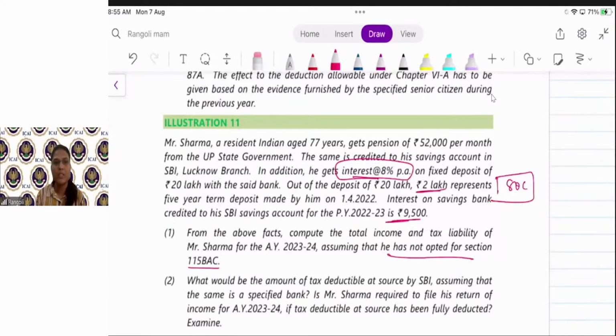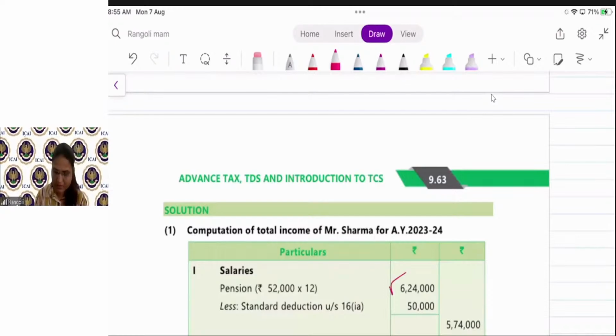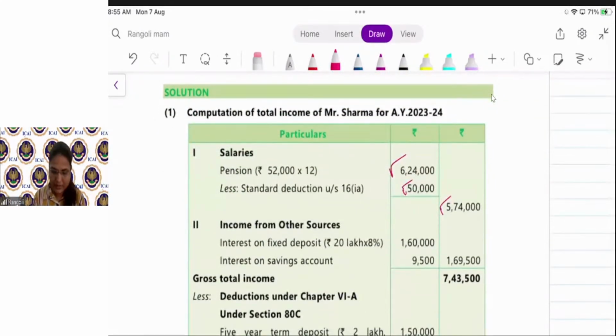Now what is his total income? 52,000 per month pension into 12 months. So the pension income is 6,24,000. Pension is taxable under the head salary, so standard deduction of 50,000 is available. So net salary income is 5,74,000. He has saving interest of 9,500. He has a 20 lakh fixed deposit on which 8% interest is received.